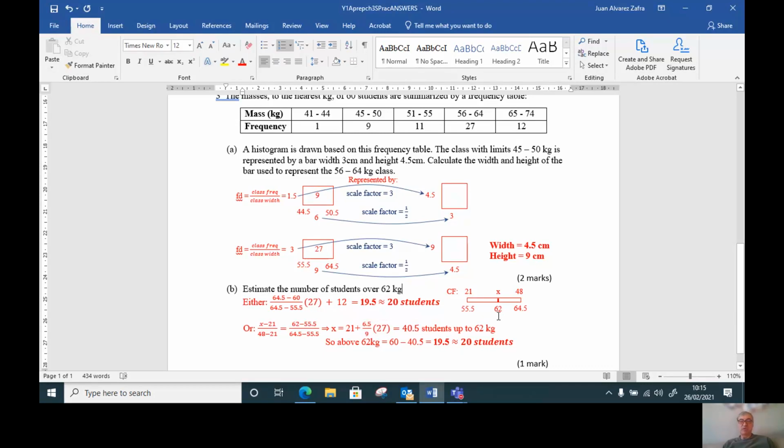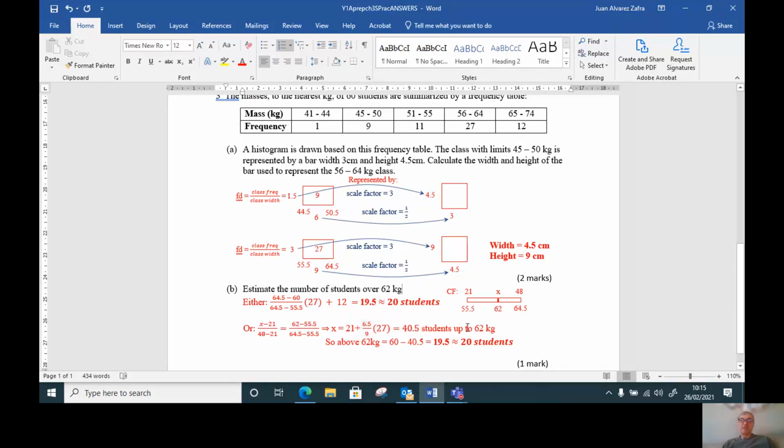Or the way I would do it, I would say the gap between 62 and 55.5 is 6.5. And so we want 6.5 ninths, because that's the size of this gap, of a frequency of 27 that we need to add on. So 21 cumulative frequency plus 6.5 ninths of a frequency of 27 gives us a cumulative frequency of 40.5 for x.